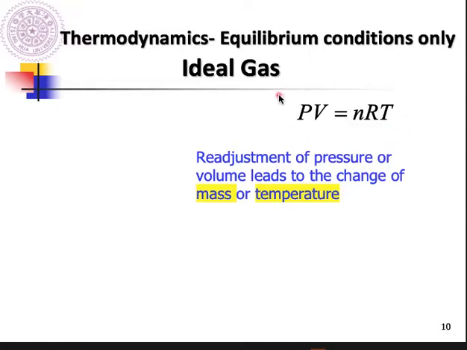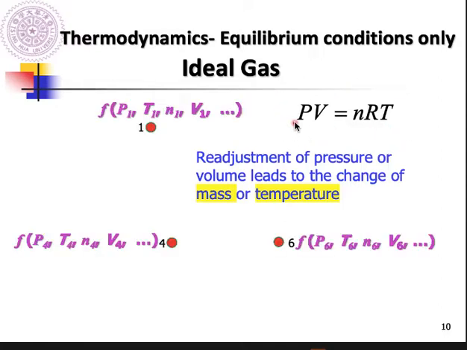So we use this ideal gas law to define the state. Each state 1, 4, 6 must obey PV equals nRT. So as long as we know P1, V1, then you know N1 and T1, something like that, right? So use this ideal gas law to define states 1, 4, and 6.